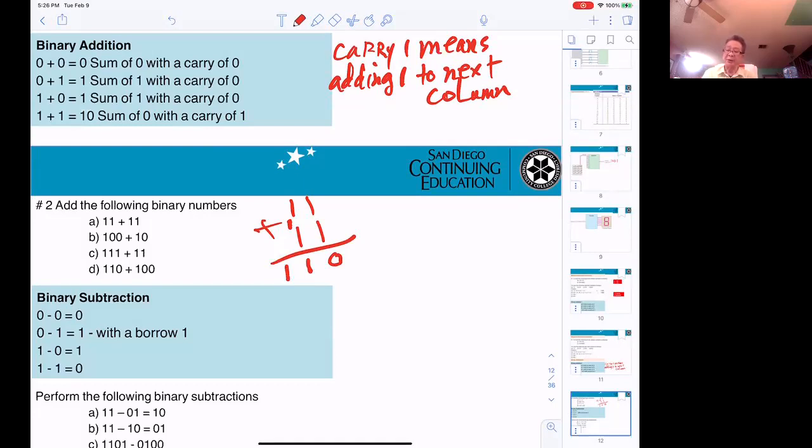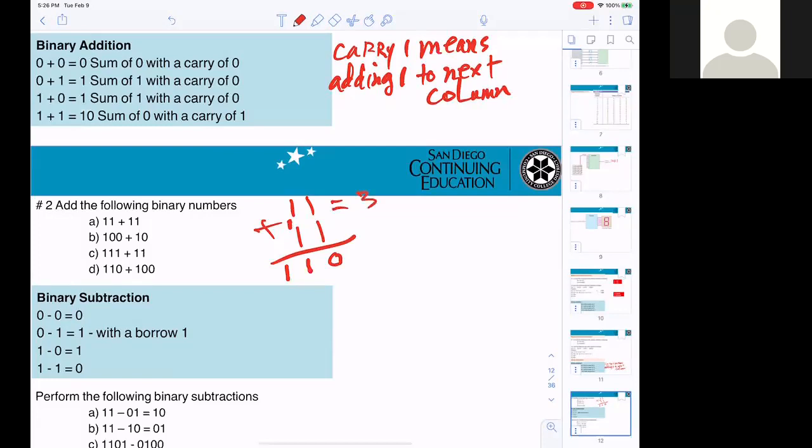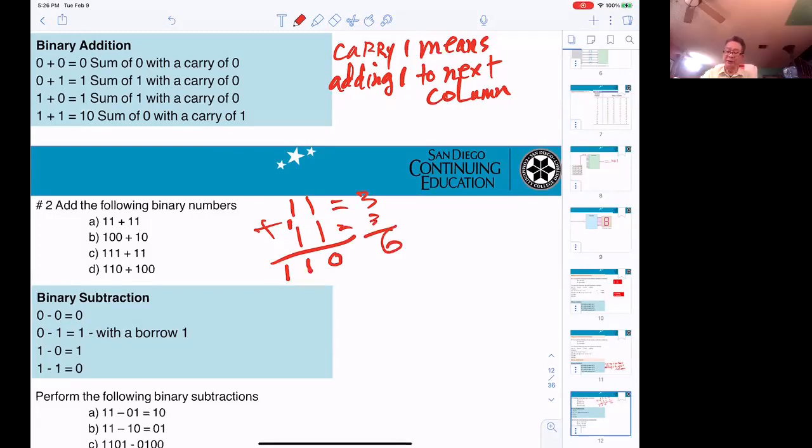Okay, now if you see the decimal, 1 1 is what decimal? 2, 3, 3. 3 adding to 3, you get 6. 1 1 0 means number 6.